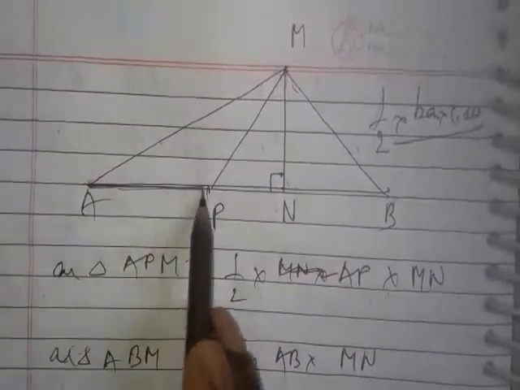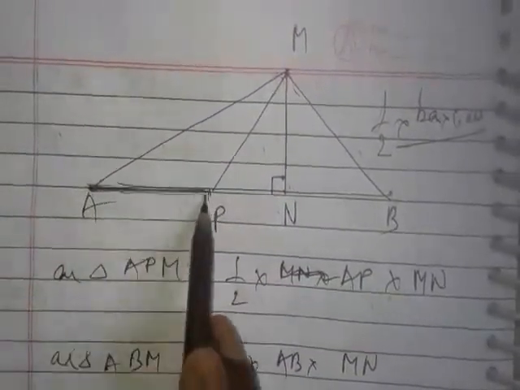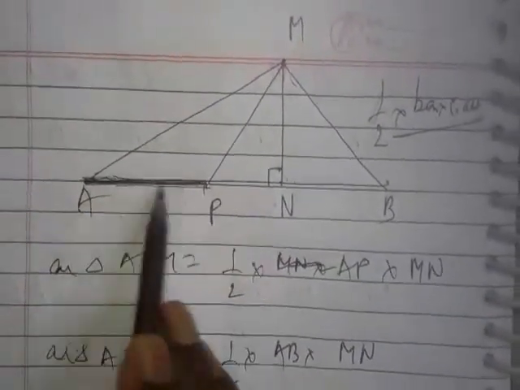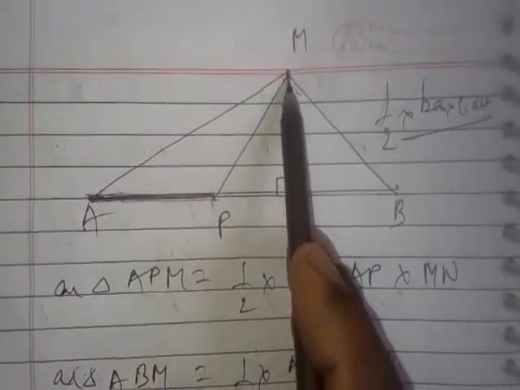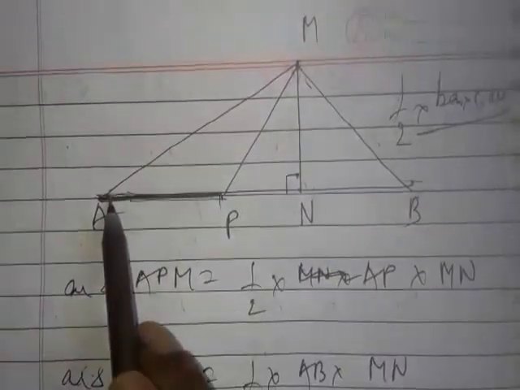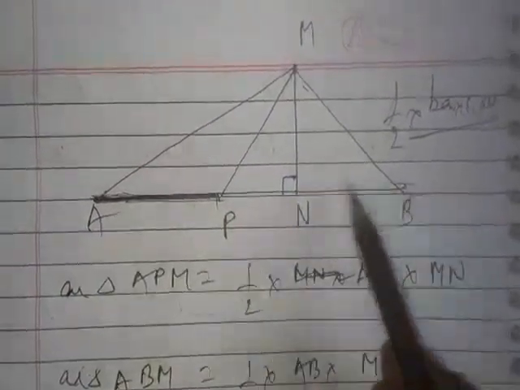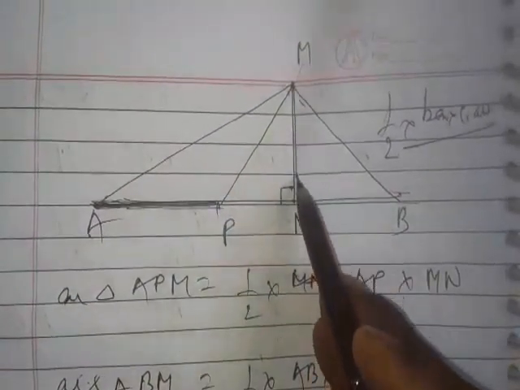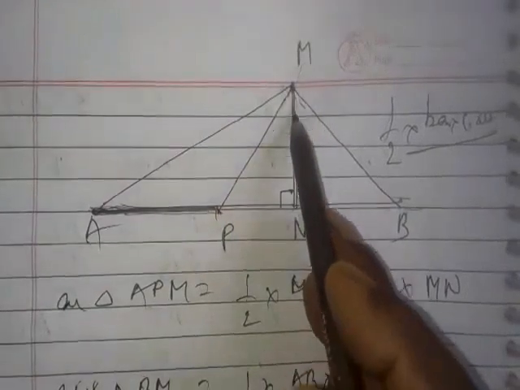And what will be the altitude? The altitude is the length of the perpendicular drawn from M to its base. Since AP when extended meets at N, the altitude will be MN.